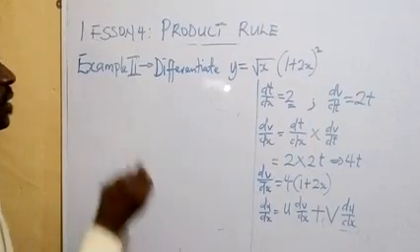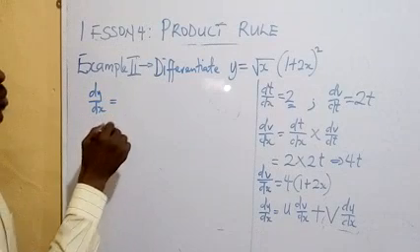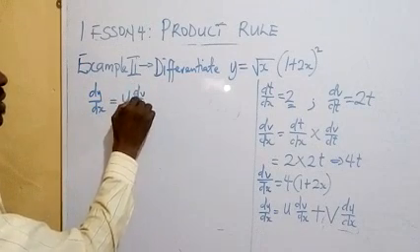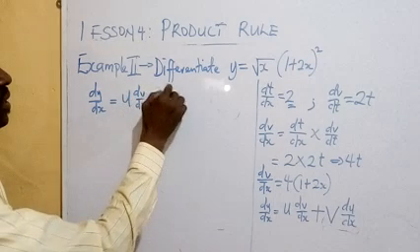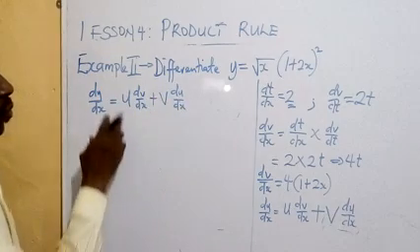Therefore our dy/dx, according to the product rule, is u dv/dx plus v du/dx. What is our initial u?